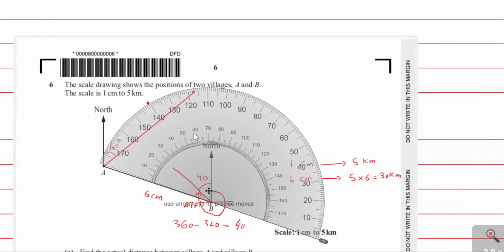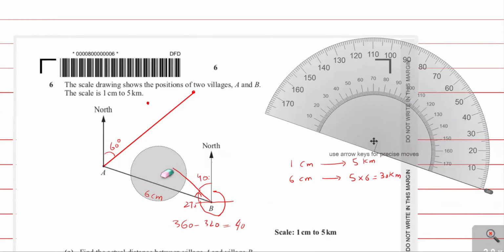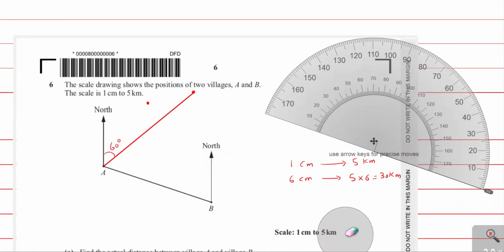Therefore, we will join this point to B, and after joining, we get the angle between north and this line as 40. In the clockwise direction, this angle will be 360 minus 40, which is 320, and this is the bearing of village C. Village C lies on the line.